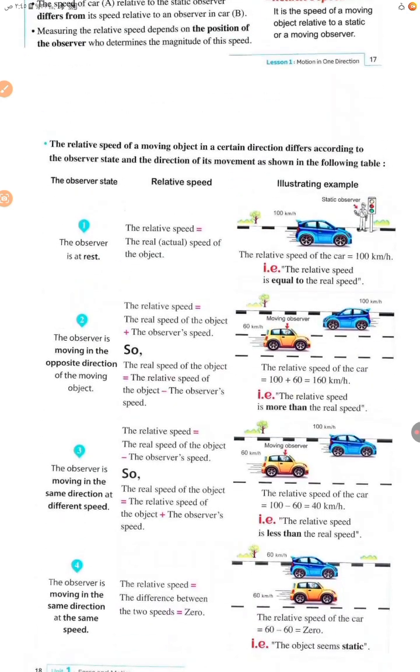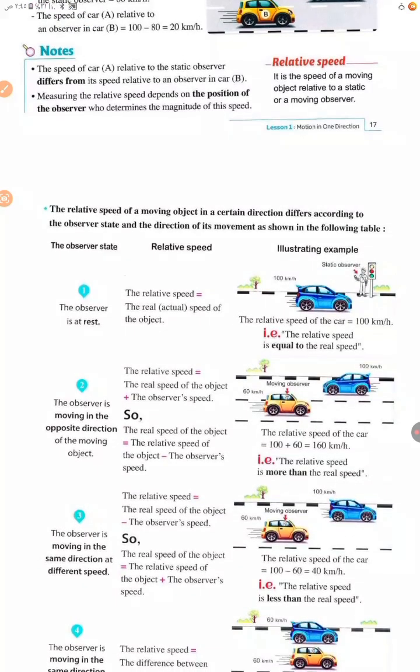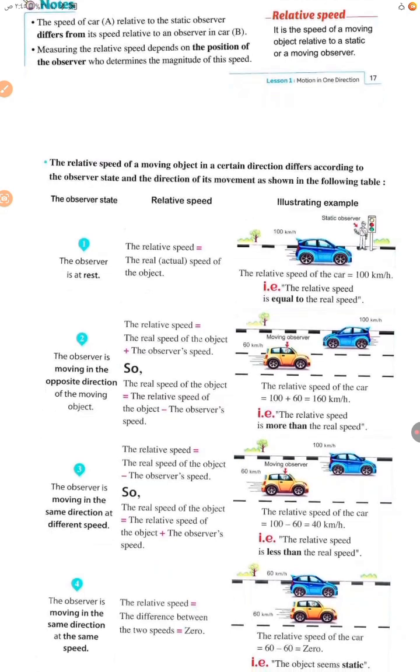ودي حالات للسرعة النسبية. The relative speed of a moving object in a certain direction differs according to the observer's state and the direction of its movement, as shown in the following table. هناخد حالة المراقب, السرعة النسبية, ومثال توضيحي, illustrating example.